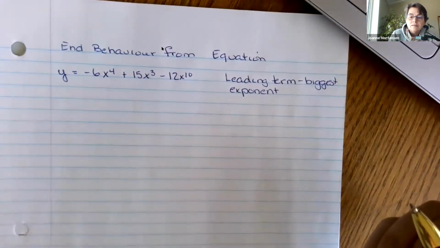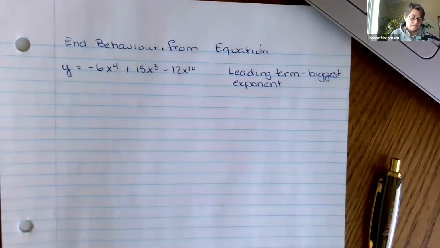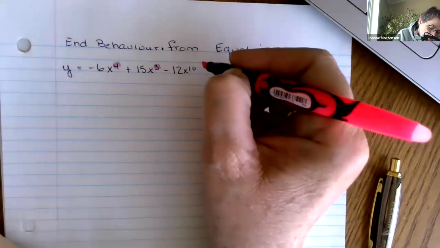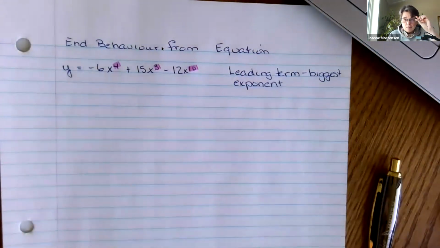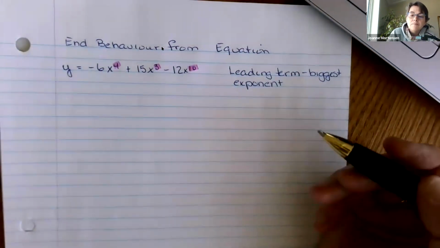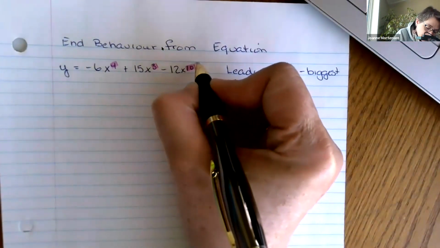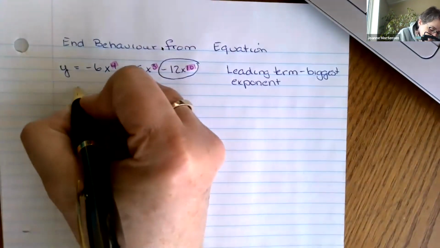My exponents are 4 and 3 and 10, little numbers up on top. So my leading term is the one with the biggest exponent. So this is my leading term.